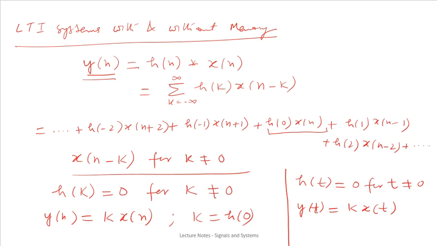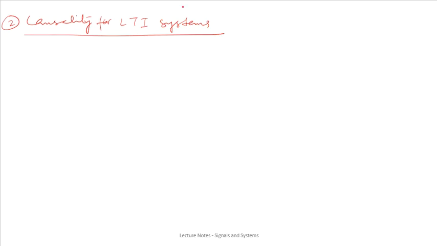Now let us discuss the causality property. So now we will move on to the second property, that is causality for LTI systems. Again, you know that the output of a causal system depends only on the present and past values of the input to the system.